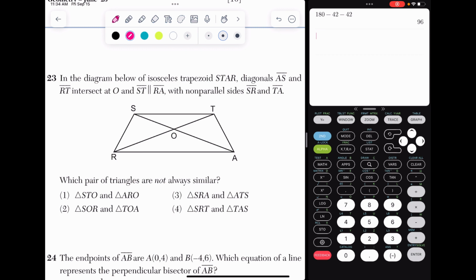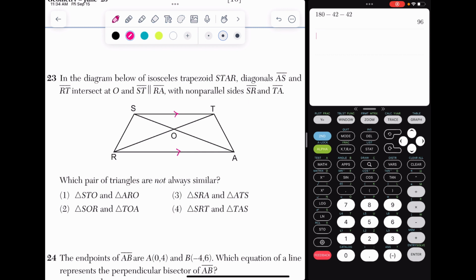23. In the diagram below of isosceles trapezoid STAR, diagonals AS and TR intersect at O, and ST is parallel to RA, and you have non-parallel sides SR and TA. Okay? So basically it's just describing this trapezoid.